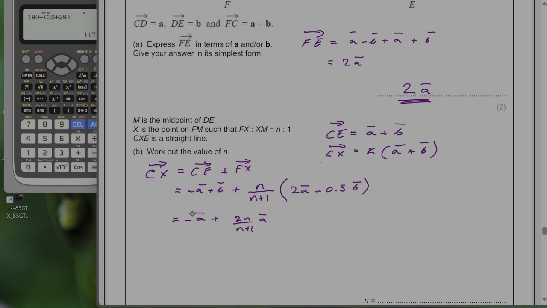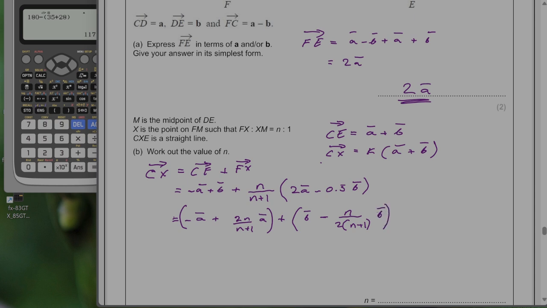I'm going to put that in a bracket just to help me out. And then my b's are going to be plus b, minus 0.5 times that, which would actually give me n over 2 lots of n plus 1 lots of b.